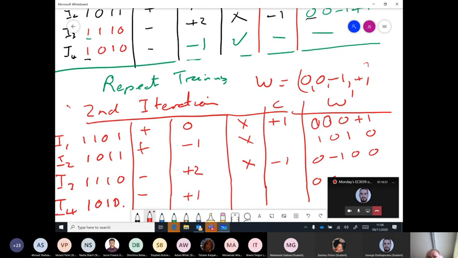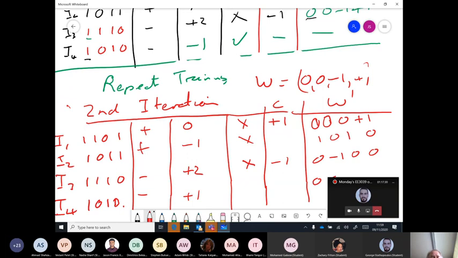Sorry, I'm adding 1, 0. We're adding the scalar product for I1, should it be 0?